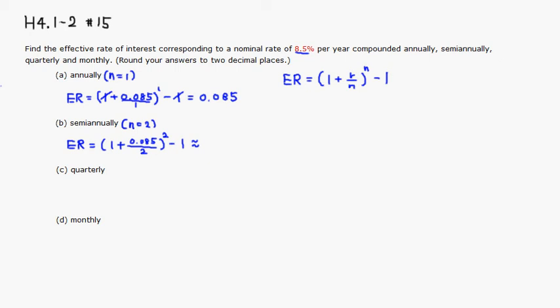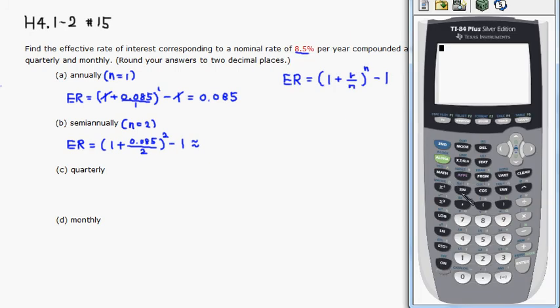Bring out a calculator. We have the quantity 1 plus 0.085 divided by 2 in parentheses, raised to the second power, minus 1. So this is about 0.0868.